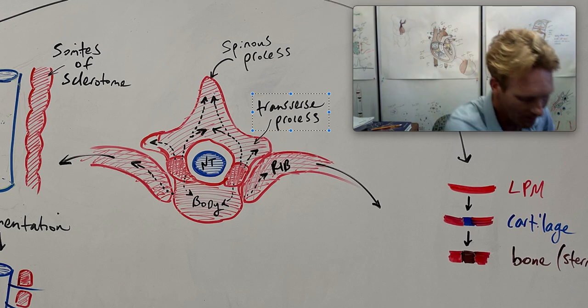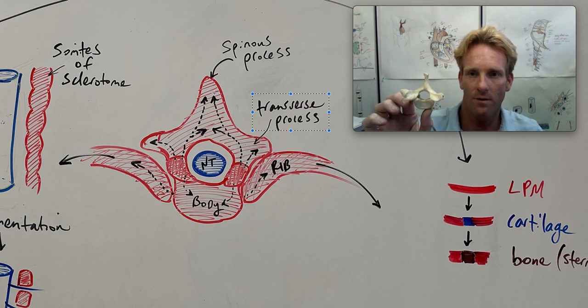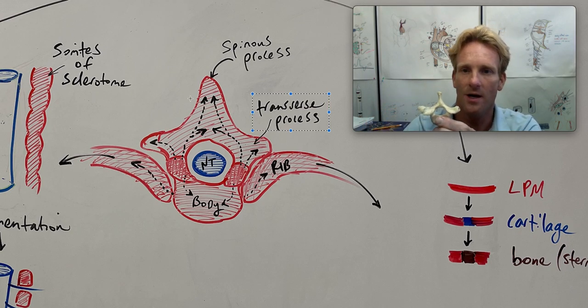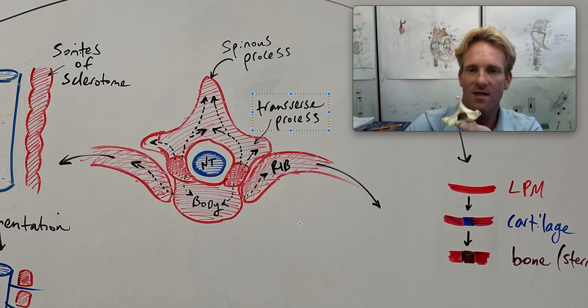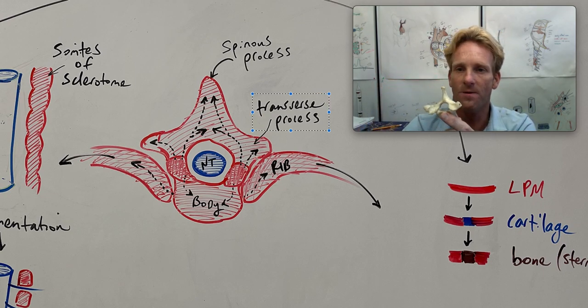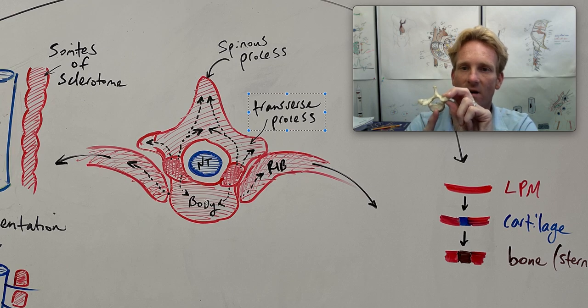So what we're really producing here is the vertebrae, right? So here's literally a thoracic vertebrae. You'll notice that this is the spinous process that these somites are starting to produce, and this is the transverse process. They also spread ventrally to produce the body of the vertebrae right here.